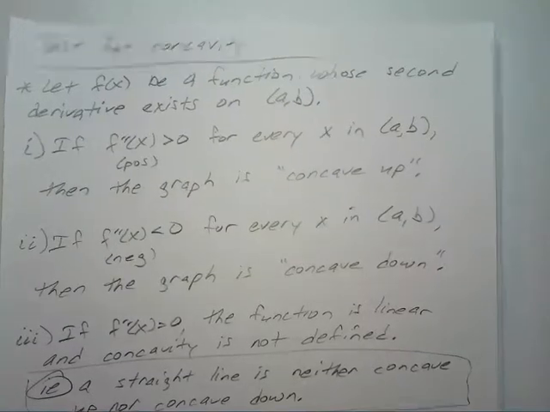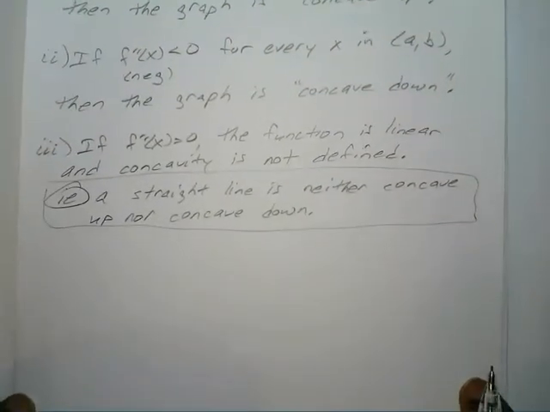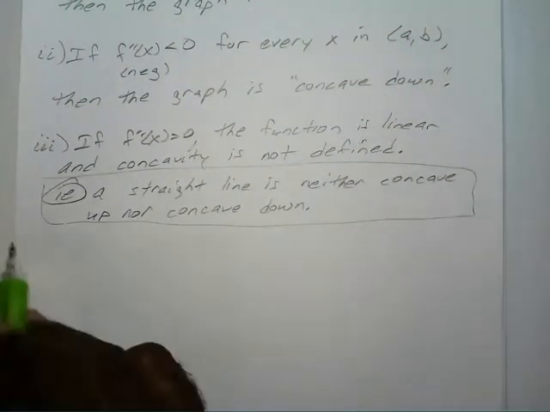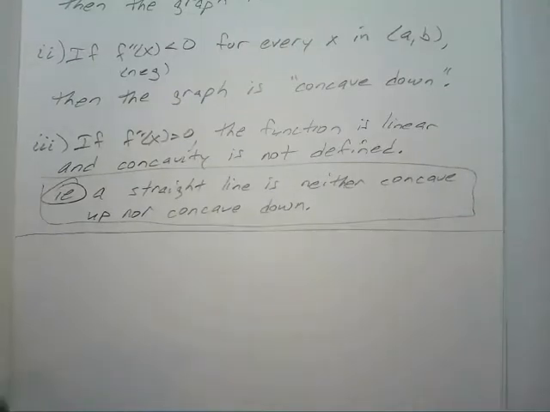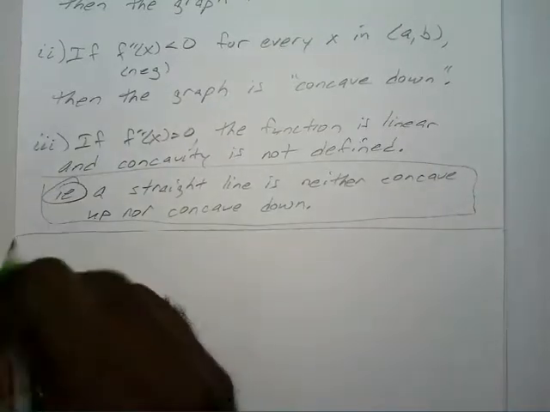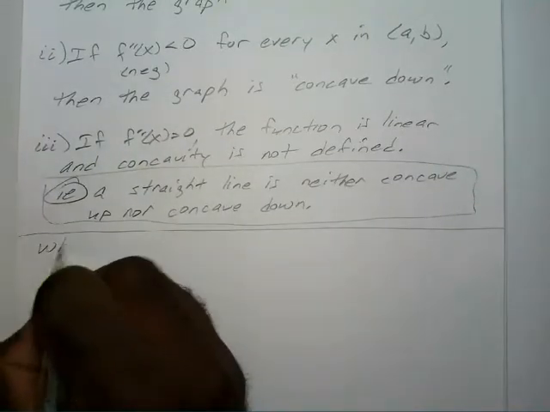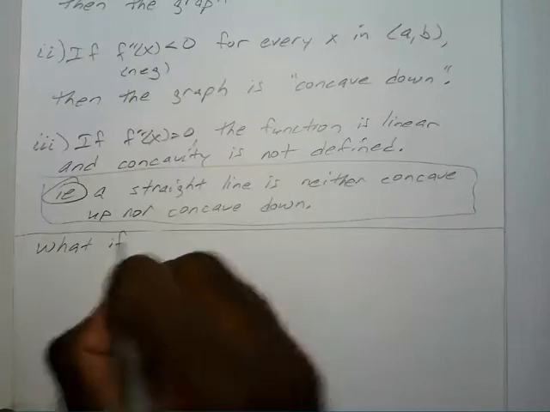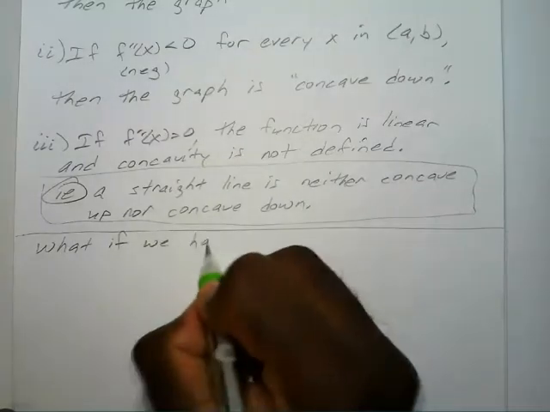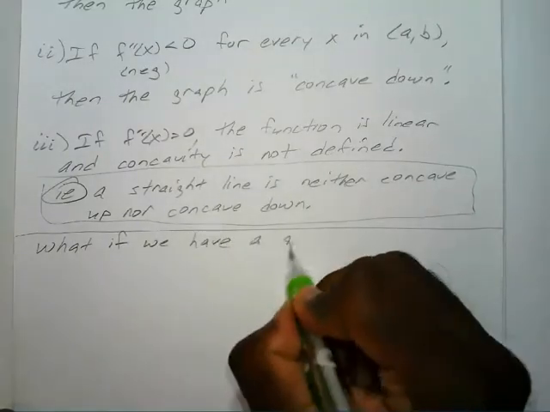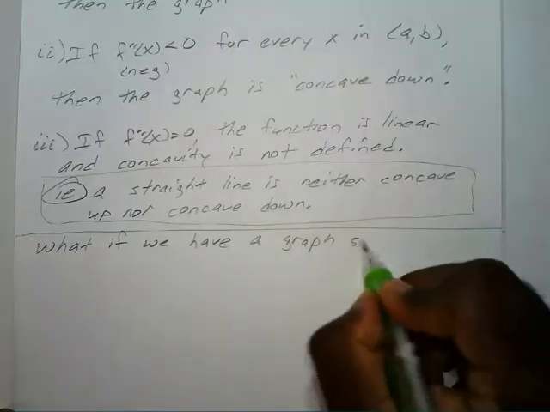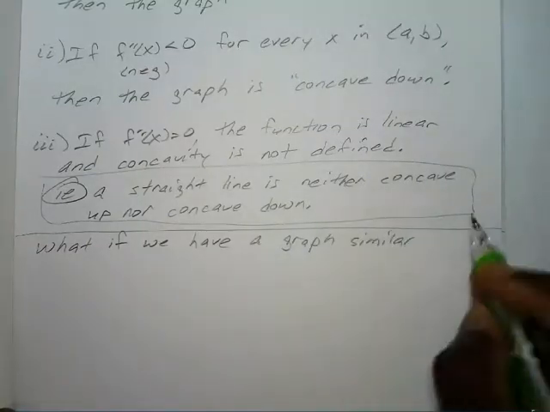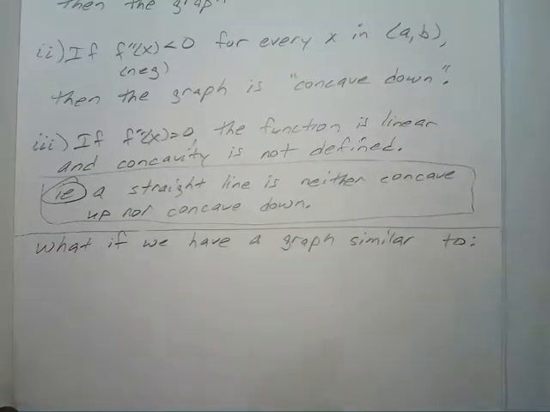Alright, so let me slide that up, because now we're going to look at a graph with both concave up and concave down. So what if we have a graph similar to this one?